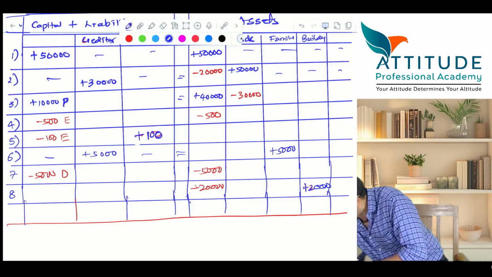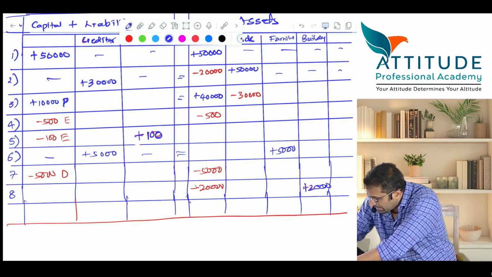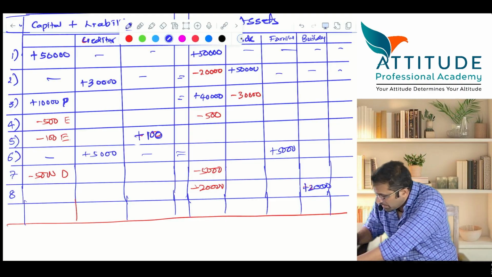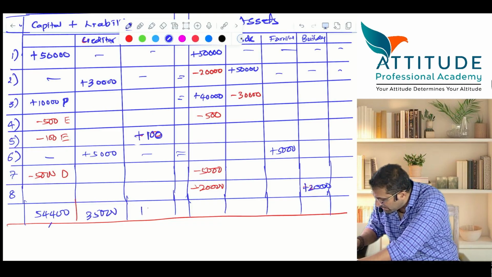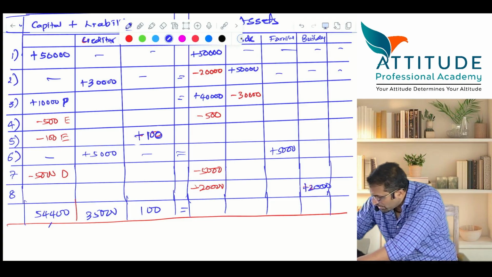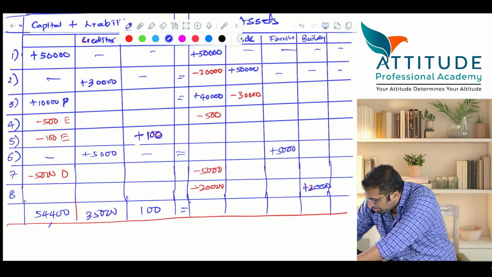Hello guys, total करो. कैपिटल कितना है? 50 plus 10,000 minus 500 minus 100 minus 5,000, which will give you 54,400. Here it is 35,000. Here it is 100. This should be equal to, चलो करो इसको, 50 minus 20 plus 40 minus 0.5, correct है?